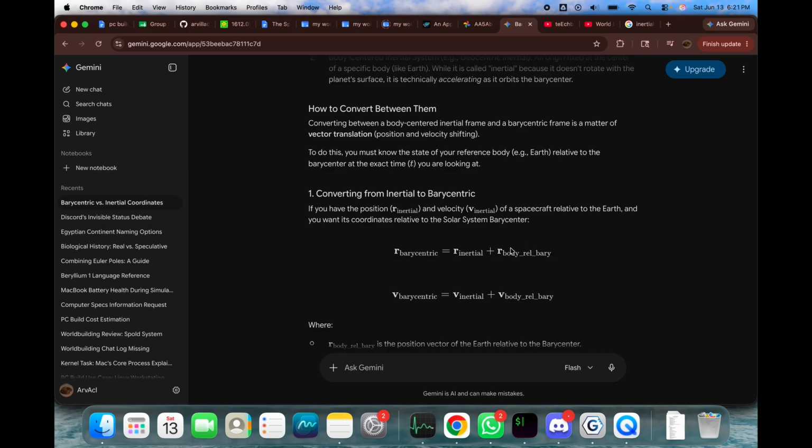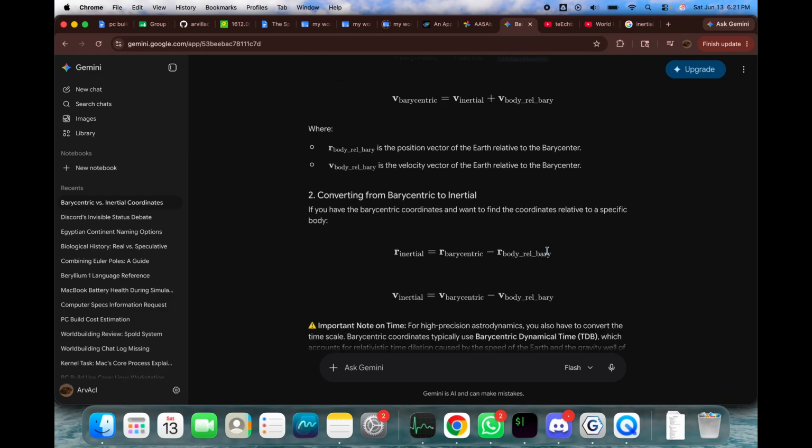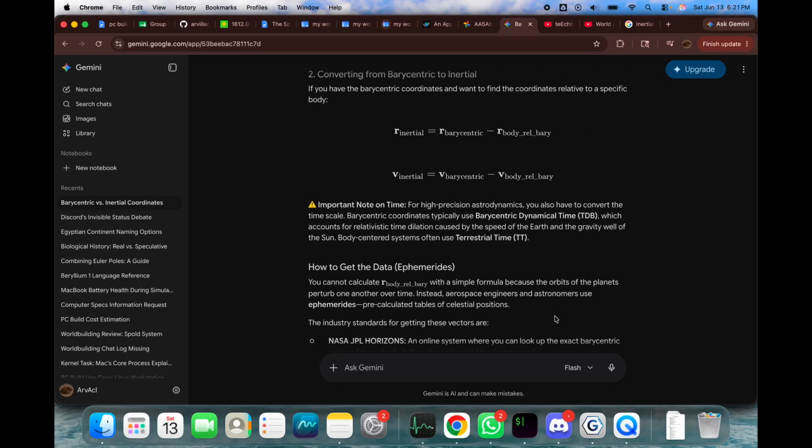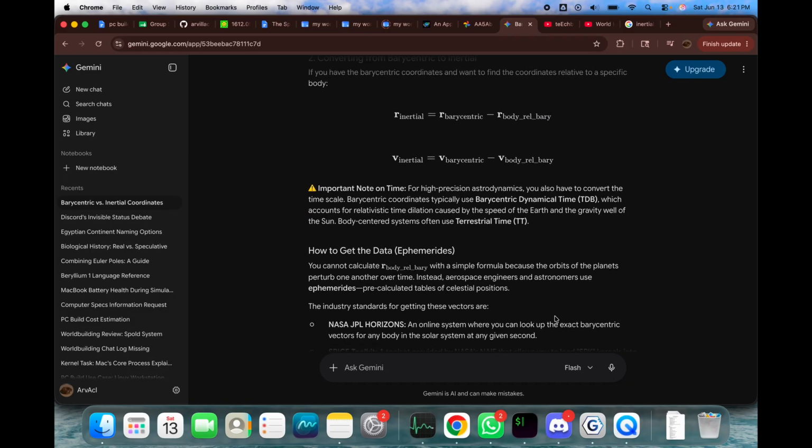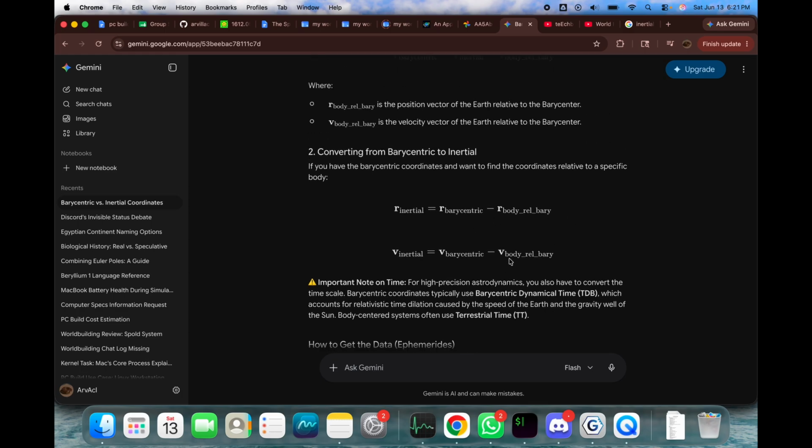Okay, so what I'm interpreting this as is we're adding the inertial and we're adding the body relative to the barycenter. Interesting. I mean, this is reversed, weirdly, but I guess that makes sense.